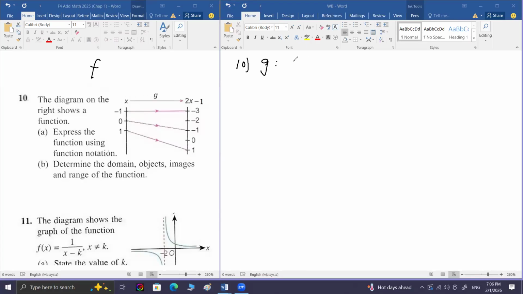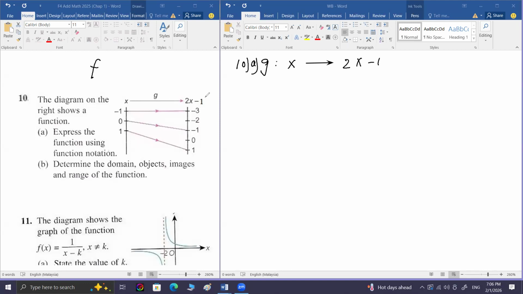Map x to what? There, can you see 2x minus 1? So this is what we call function notation. If here written F, you tell F. If put M, you put N.